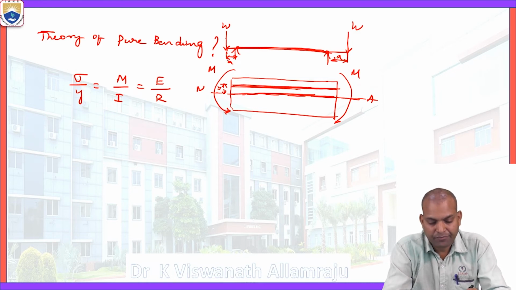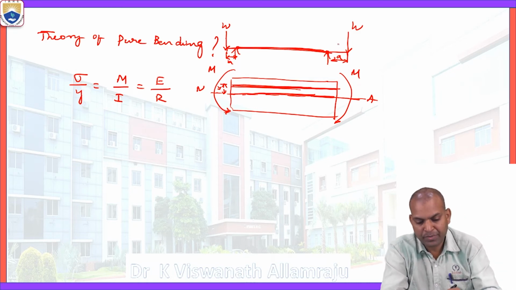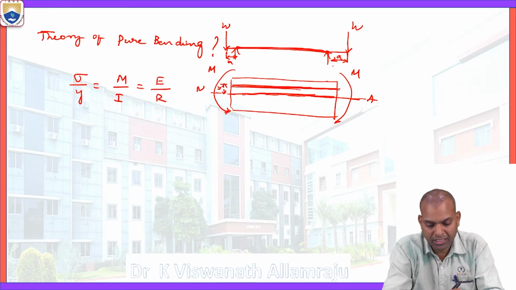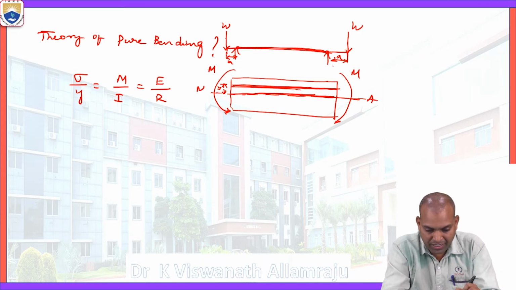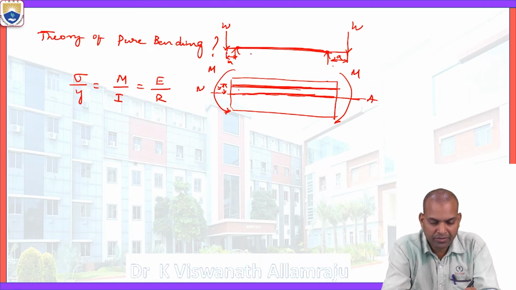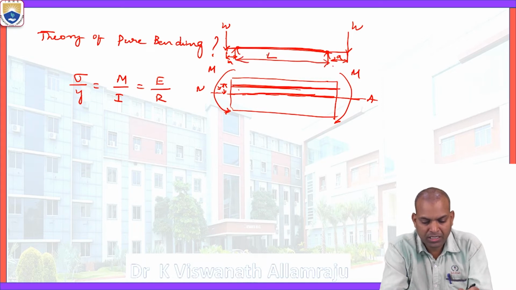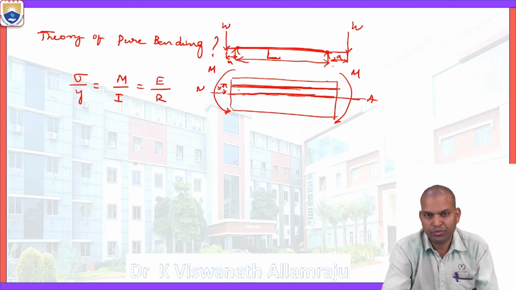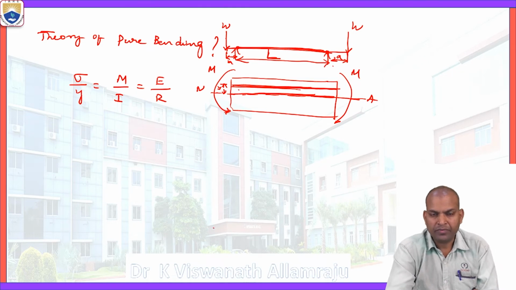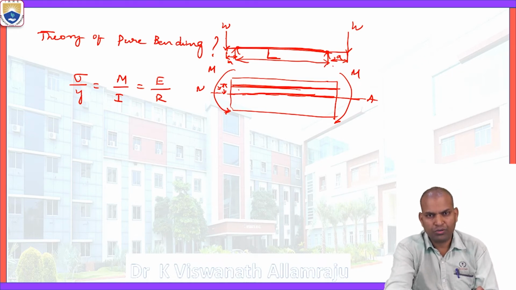W into A is the bending moment M. Similarly, on the right side, W into A is another couple. That is what we have learned in the pure bending concept. This portion, the span L, experiences constant bending moment or pure bending, where shear force is 0.